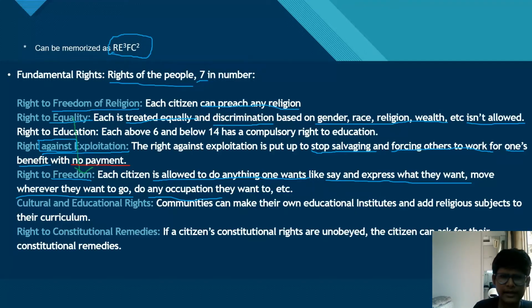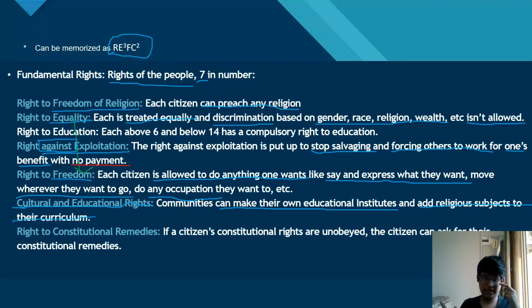Then there are cultural and educational rights. This is an important one too. Communities can make their own educational institutes and add religious subjects to their curriculum. So you see in some schools there is Urdu, and in Gujarat the schools have Gujarati in them, etc. That is because of these cultural and educational rights.